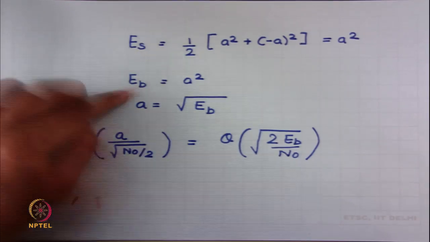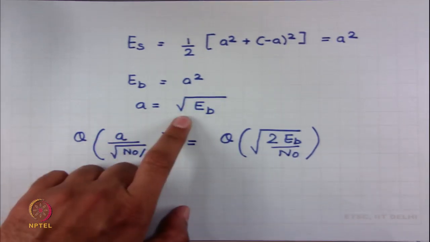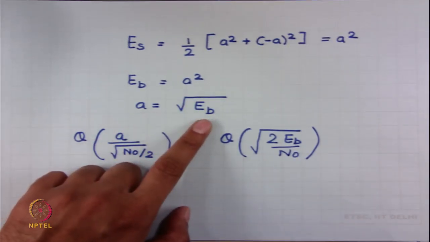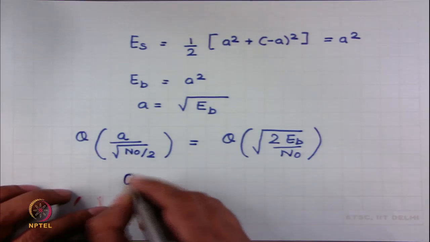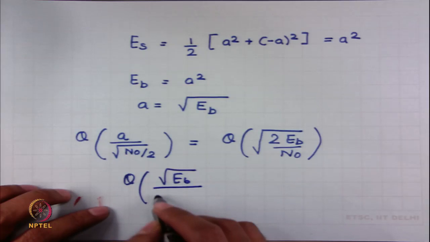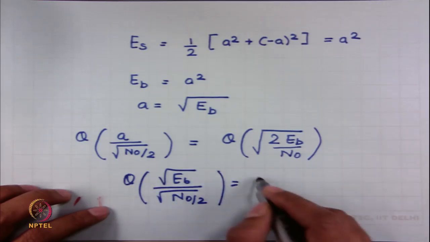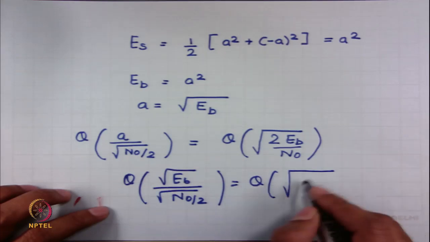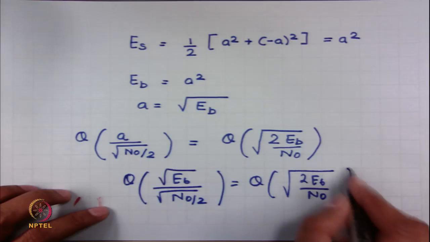So, bit energy is also A squared, so A is root of bit energy. So, I can also write this: A is root of E b divided by root of N naught by 2, and this is simply Q of square root of 2 E b by N naught.